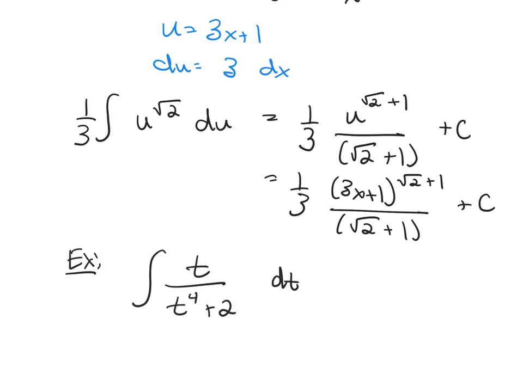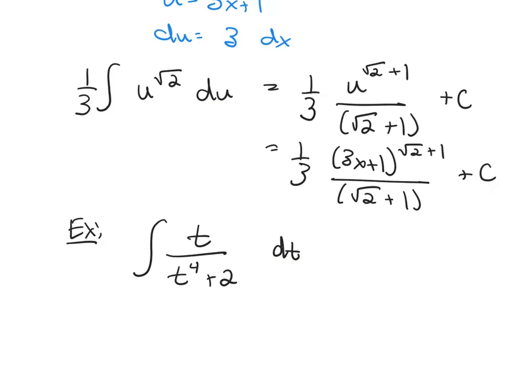If you did substitution, what would you want u to be? t to the 4th plus 2. Yeah, so let's see how that works out. If u equals t to the 4th plus 2, du is 4t cubed. I only have a t, I don't have a t cubed. So this is saying, okay, the substitution isn't going to work.